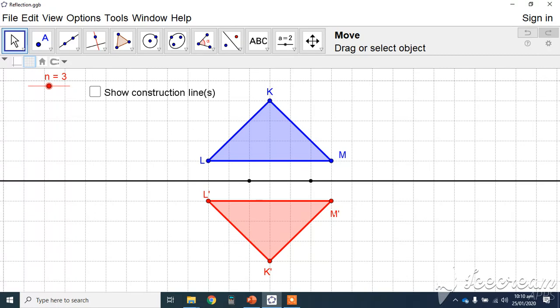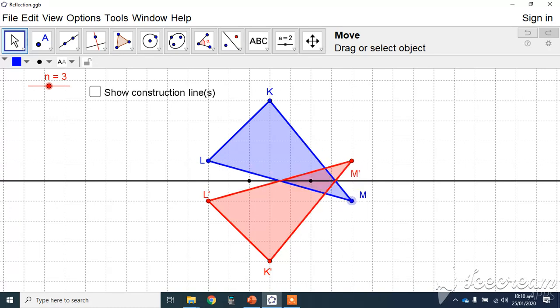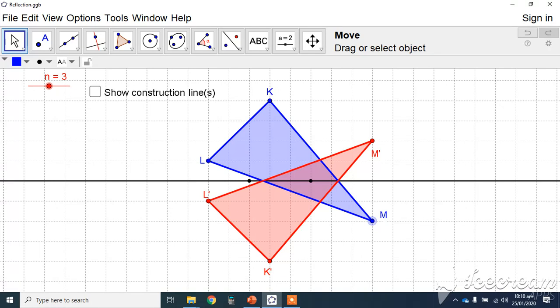All right, so same thing. Look, L is 1 square away from the mirror line. L dash is 1 square away from the mirror line. K is 1, 2, 3, 4 squares away from the mirror line, and K dash is 4 squares away. Same thing as before. If M was on the mirror line, M dash would be on the mirror line, and if M was across the mirror line, so would M dash have to move.